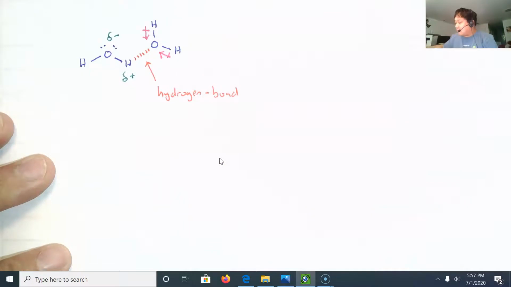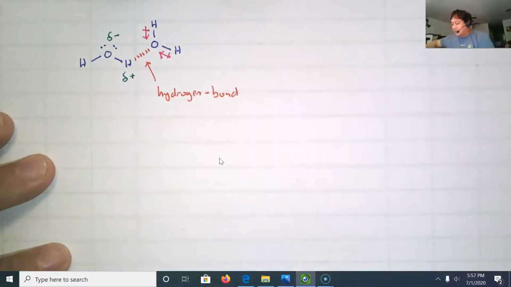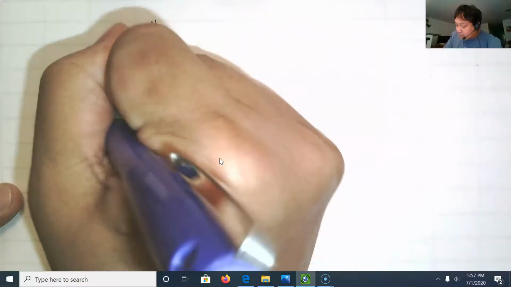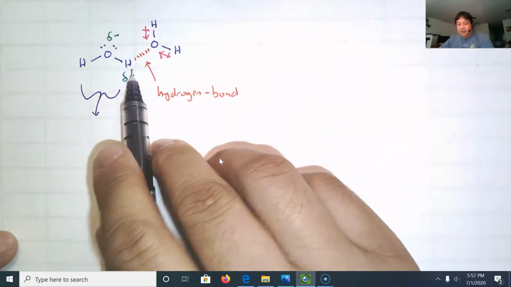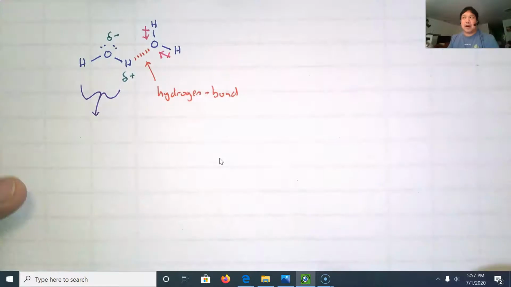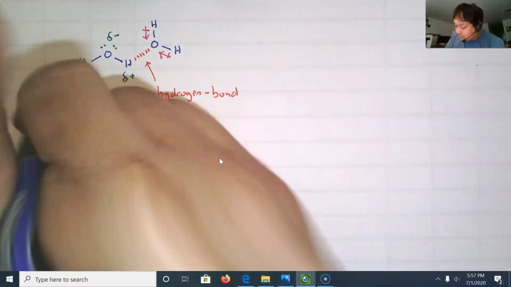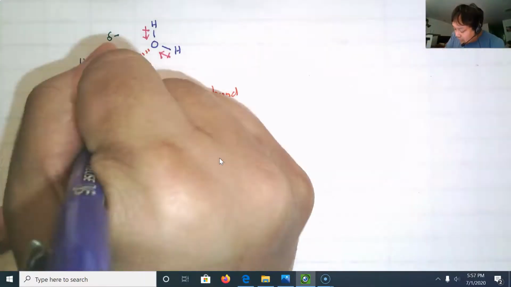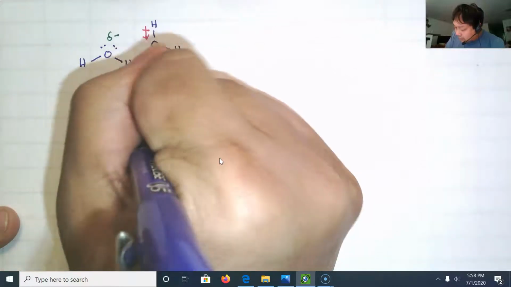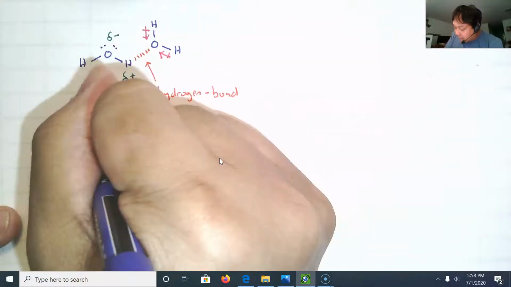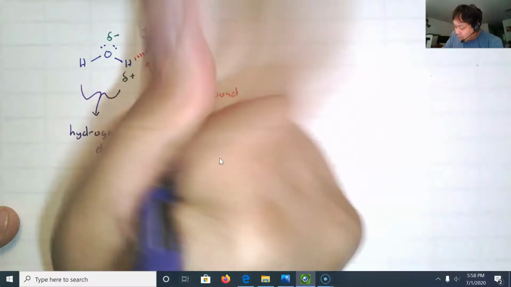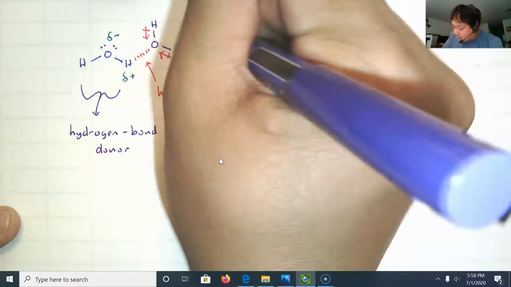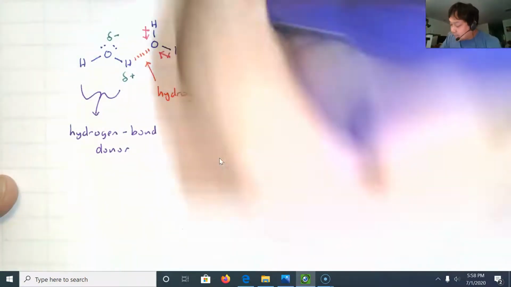We actually have a donor and acceptor. This molecule right here is using its hydrogen to make the bond, so this is the hydrogen bond donor. And this one is the acceptor.